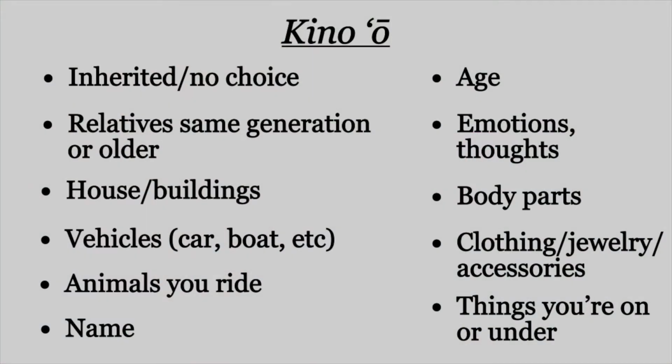Okay, let's review the rules for kino o and kino a one more time. Kino o objects in general are things that are inherited or you have no choice over possessing. Relatives the same generation or older, house or buildings, vehicles, animals that you ride, like a horse, name, age, emotions and thoughts, body parts, things you wear like clothing, jewelry, and accessories, and things you're either on or under.